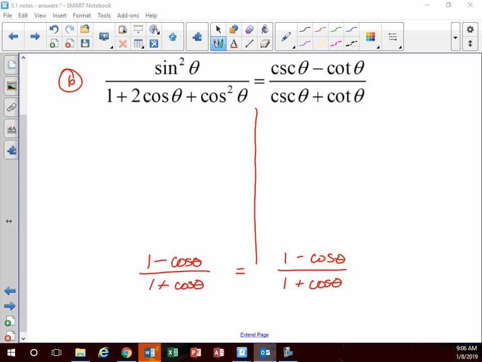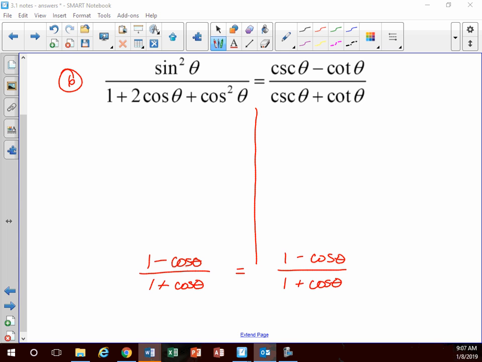Oh, because we're falling. You should do 1 over 1 minus cosine. But it's just 1 minus 1.